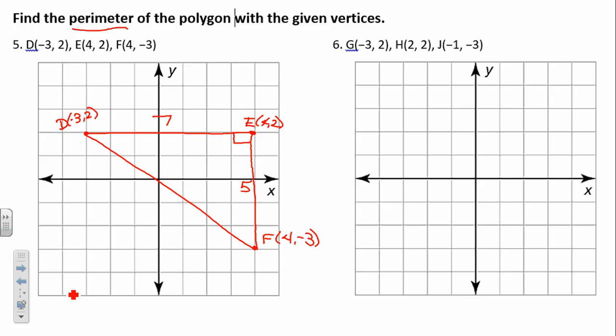So how are we going to find the length of segment DF? Because if we want to find the perimeter of this whole figure, we'll need to add 7 plus 5 plus the length of DF.